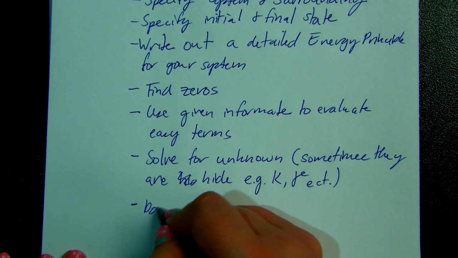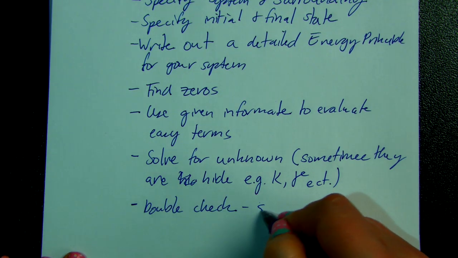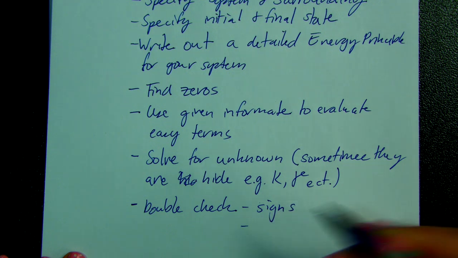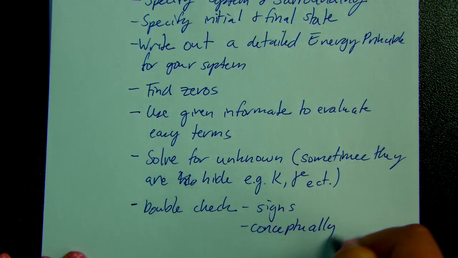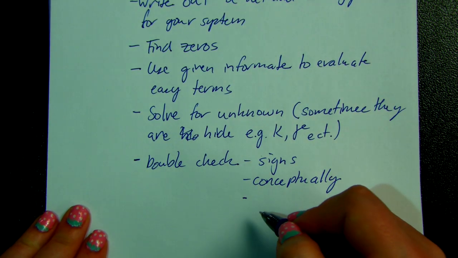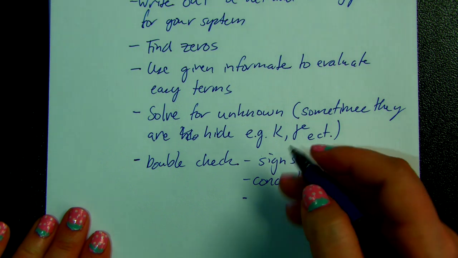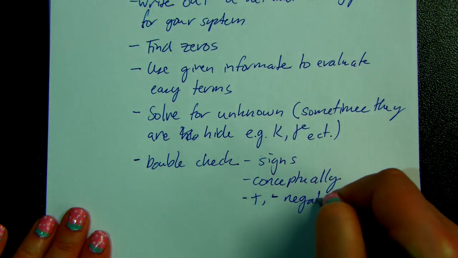Then last, you just want to double check. Do your signs make sense? Conceptually, does this make sense? I mean, common sense still holds in physics. Every once in a while, we have things like quantum that defy common sense. Positive, negative work, is that consistent with speeding up and slowing down?